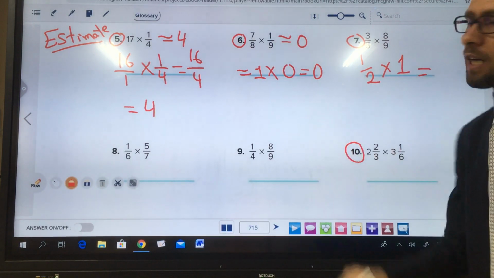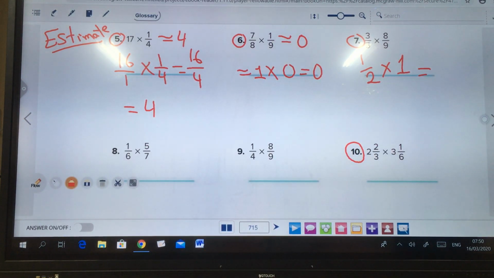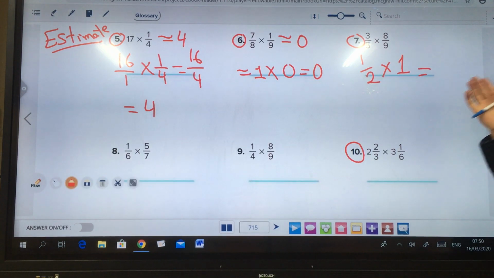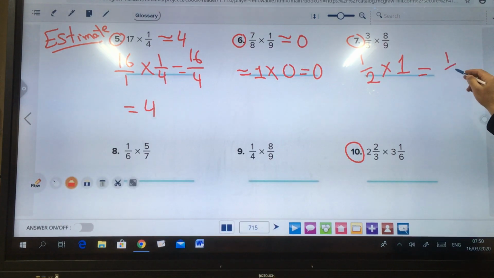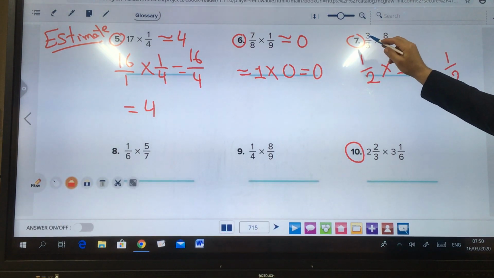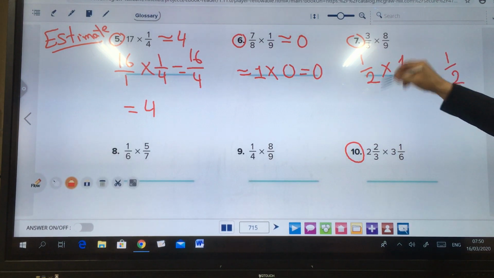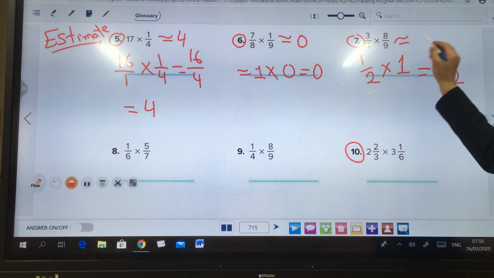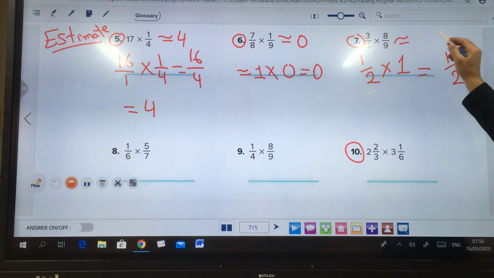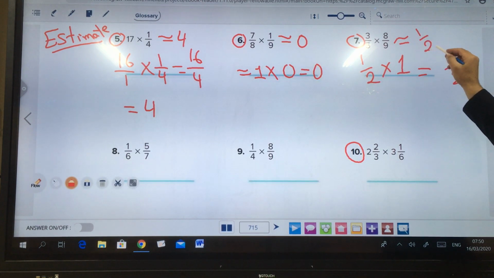So 1/2 times 1 equals what? That property I taught you and told you today: any number times 1 equals the same number. So 1/2 times 1 will be 1/2. So 3 out of 5 times 8 out of 9 will be about 1/2.